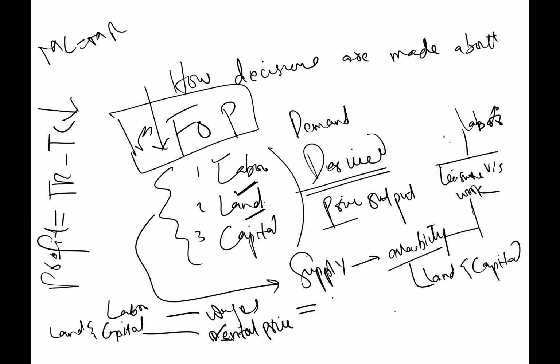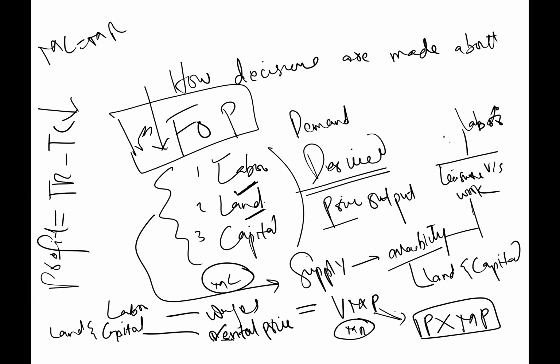It must be equal to the value of marginal product, which can be calculated as the market price of the product multiplied by the marginal product, right? So this is called the MC and this is called the MR. So that condition is the same, just the name here is a little bit different.